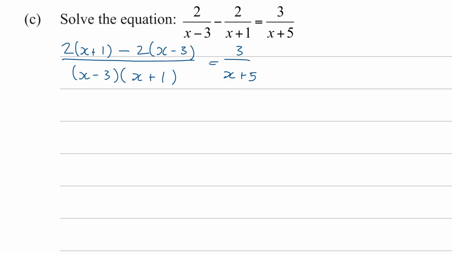So on the left-hand side, we can expand and group like terms in the numerator and the denominator. So let's do that.